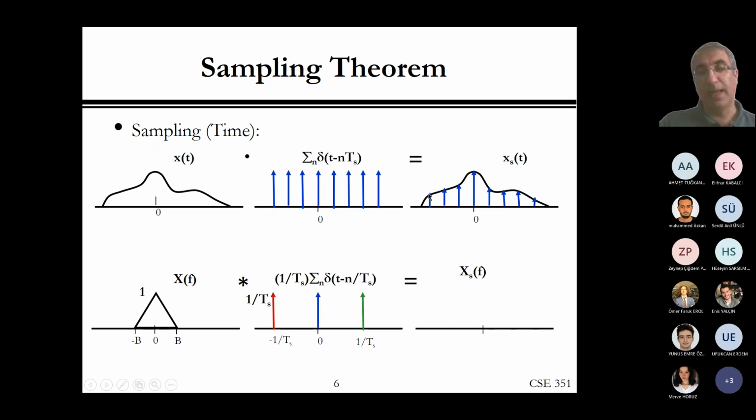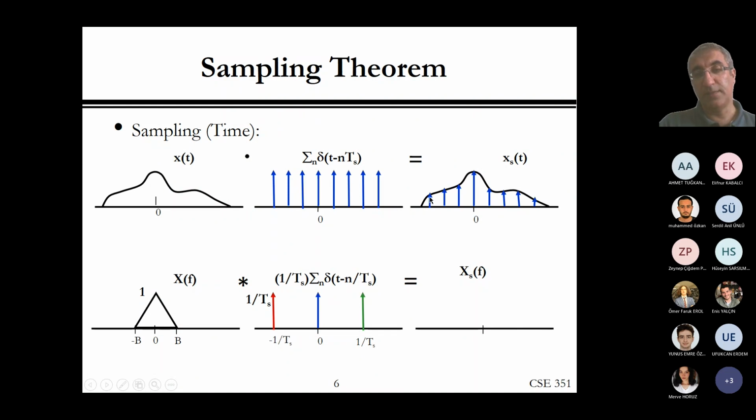So what does it mean by collecting? Mathematically, you multiply this x of t with this impulse train, which is separated by Ts, the sampling time. And if you multiply, visually it looks like this.